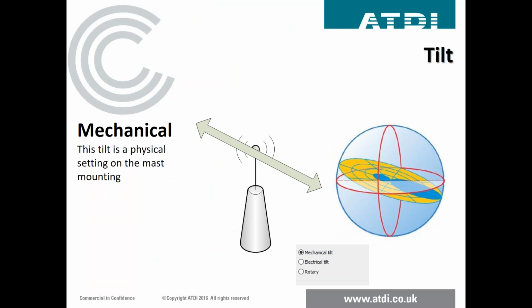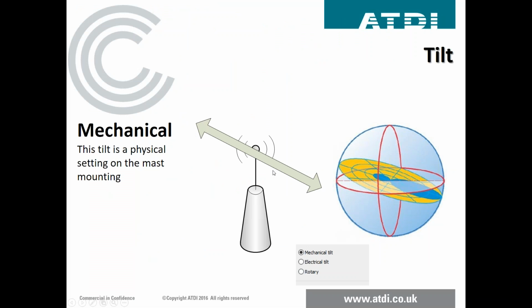I'm just going to move on to tilt now. So this is the different types of tilt that you can have within the ATDI tools. Mechanical is perhaps the easiest to understand. So physical, kind of tilting on a bracket on a mast.